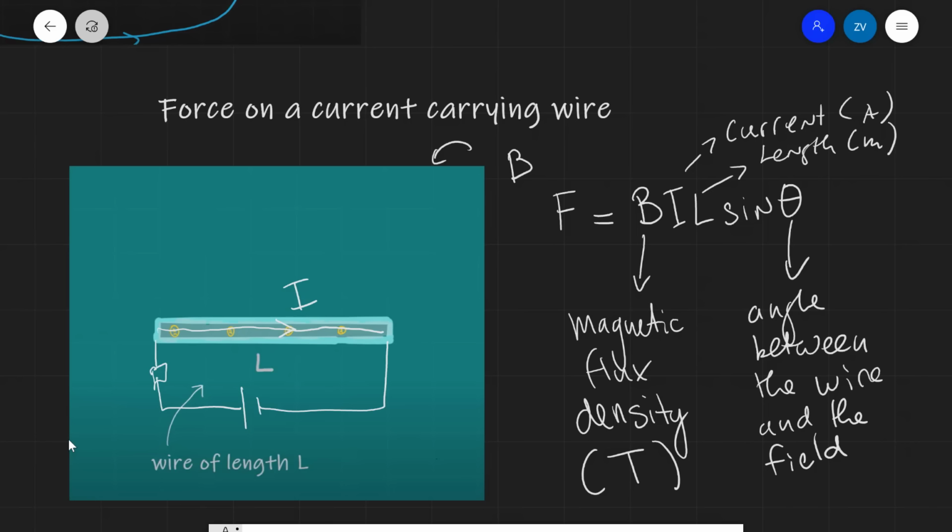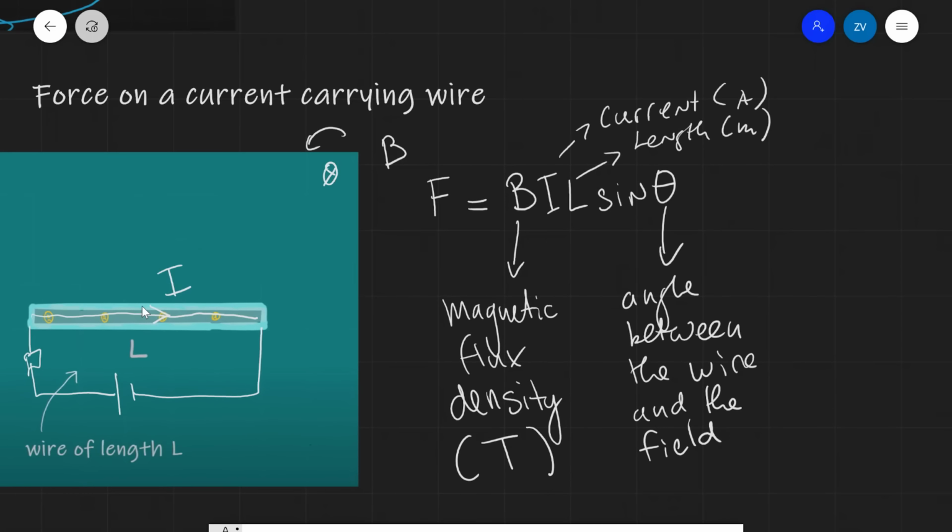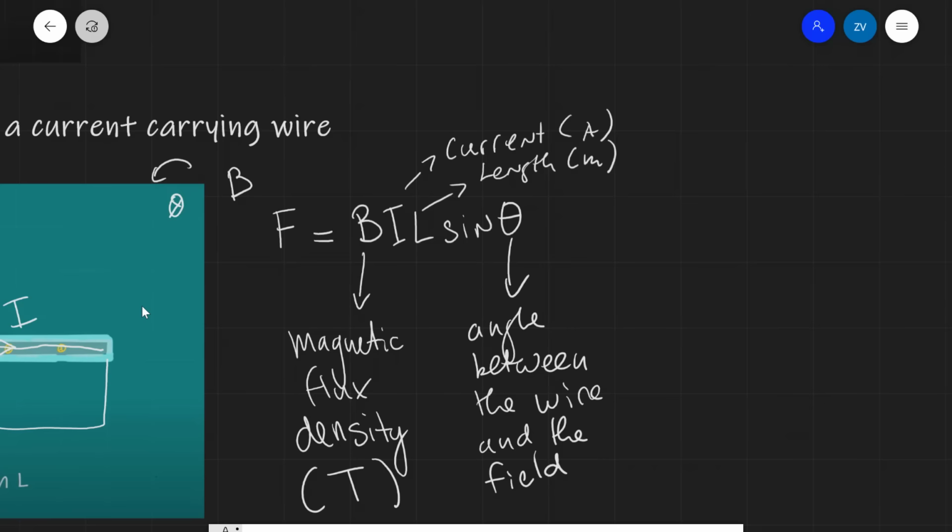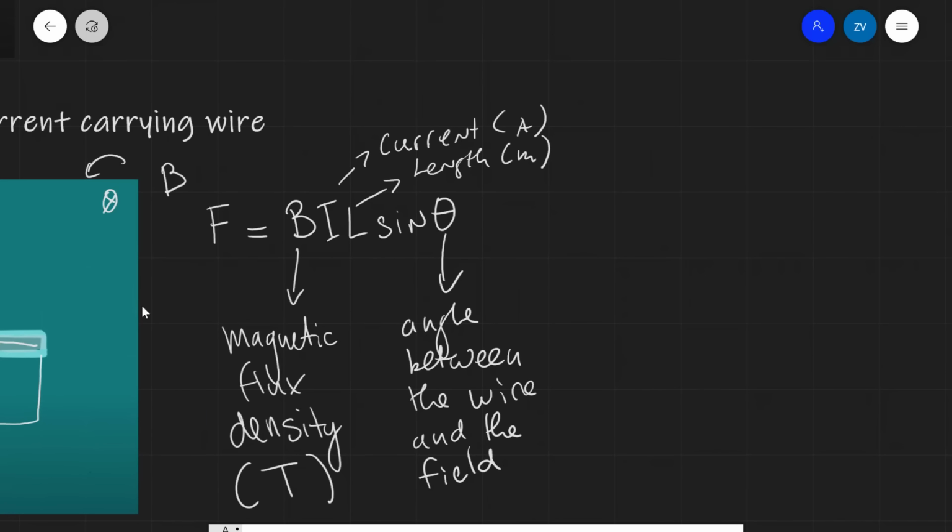So in this case, we could say, let's say that the field is perpendicular to the wire. So for instance, it could be, let's say, into the board, or let's say that it's moving in this direction. So there's a couple of very, very important tricks with this equation. First off, when is this equation a maximum?